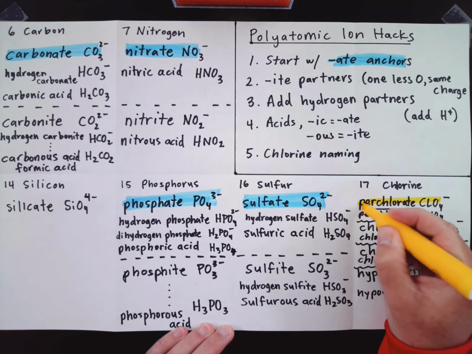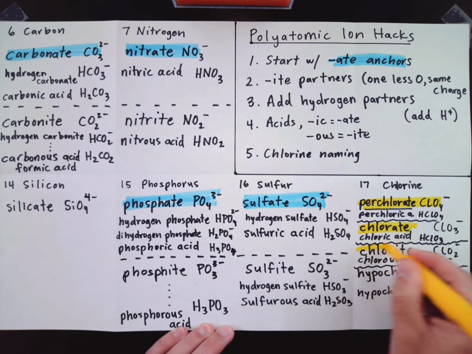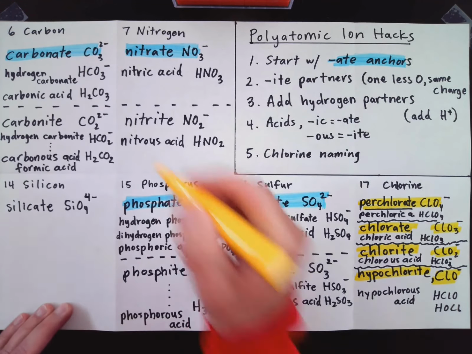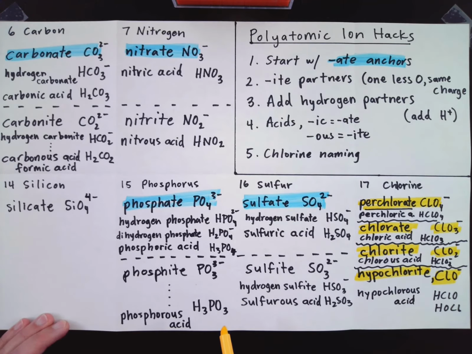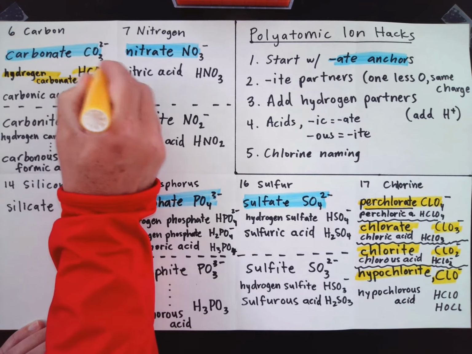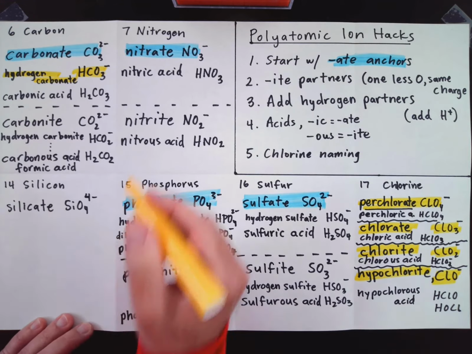I would say your oddly named chlorine oxyanions are important. The acids are not super common, but they're good to know as well. Hydrogen carbonate, good one to know. Carbonate, not so familiar, not so common.